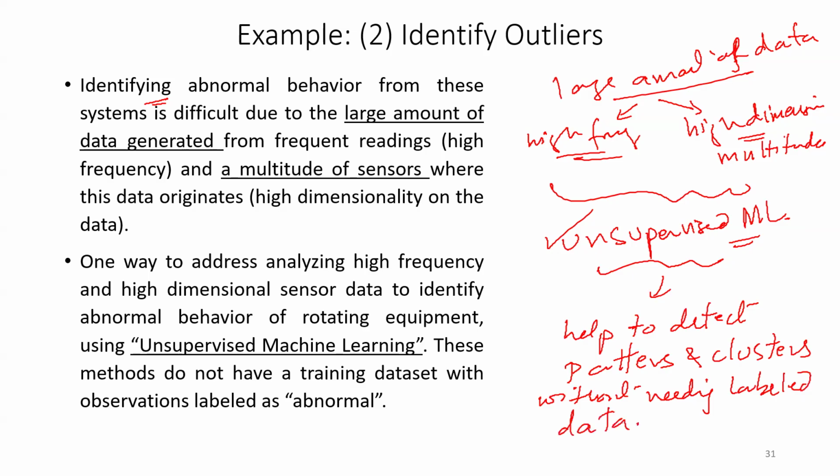This is especially useful because we often don't have prior examples of what abnormal behavior is. By identifying outliers in the sensor readings using clustering and distance-based methods, we can flag potential issues early, before they result in system failure.